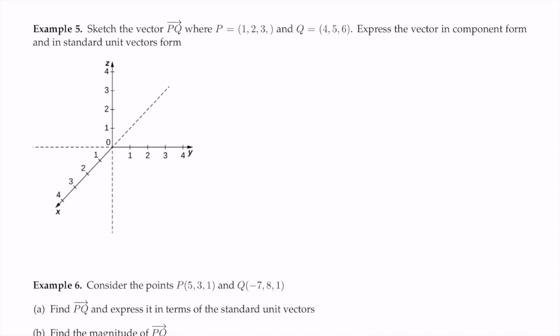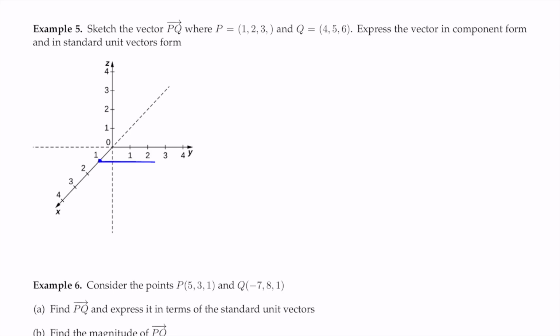So let's start with the point 1, 2, 3. So you have x equal to 1. From the origin, you go in the positive x direction to 1. And from there, you draw a line that is parallel to the y-axis.